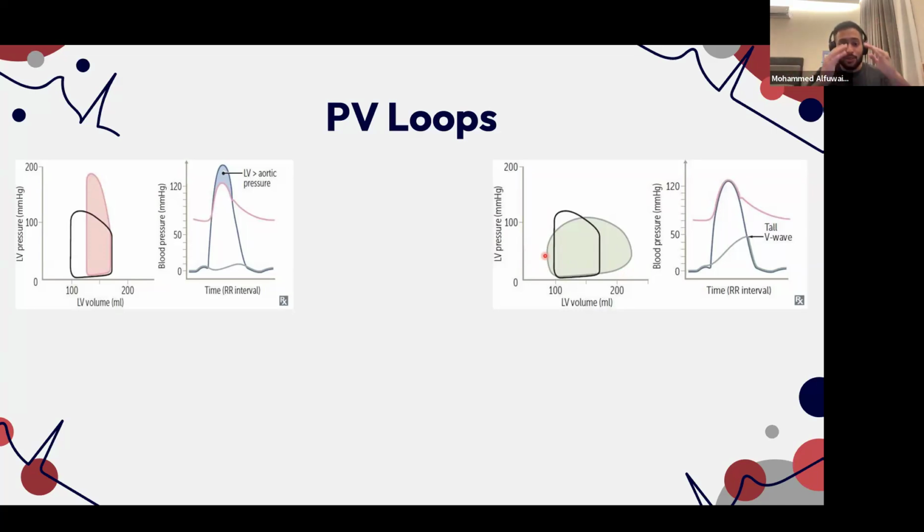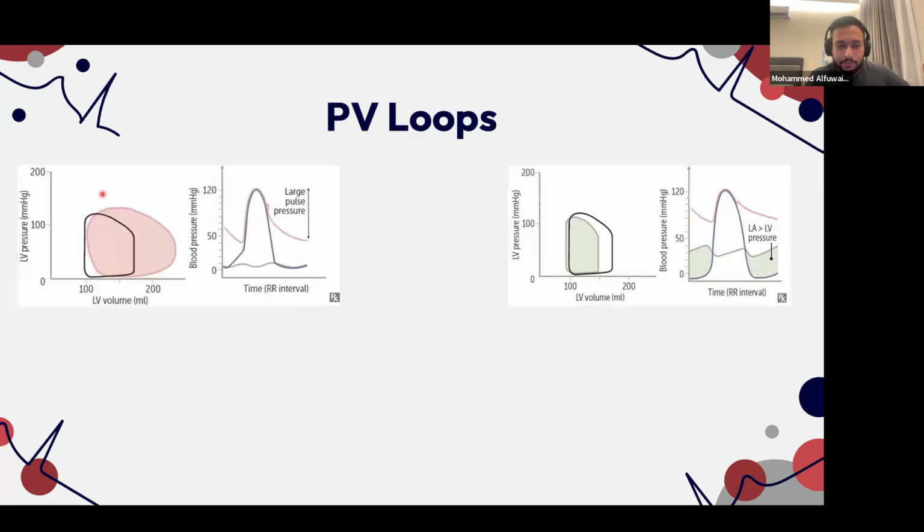So the end systolic volume is going to be less. At the same time, during diastole, when the mitral valve opens, since there's more blood in the atrium, more blood will go into the ventricles. So end diastolic volume increases, and it increases the stroke volume. This is mitral regurgitation. Just memorize these PV loops. Memorize some images, because he might get these.